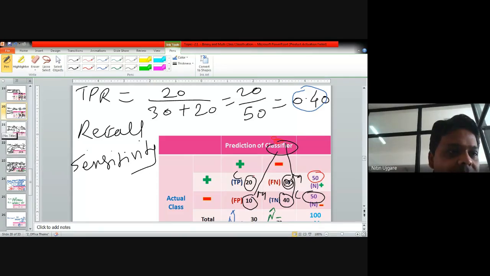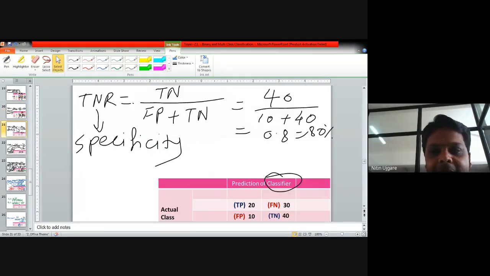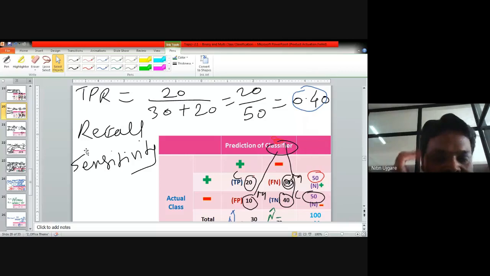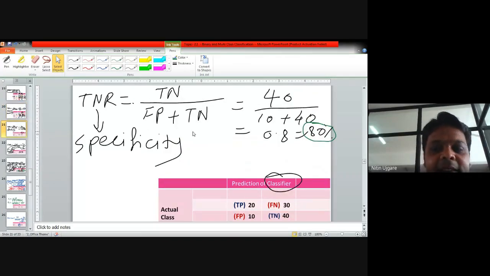In contrast, if you take the TNR, you will find that the TNR rate is pretty close to 1, and then we can conclude that the classifier's performance for the positive class instances is not good. It is very bad. Remember, it is very bad. But the classifier's performance for negative class instances is very good.